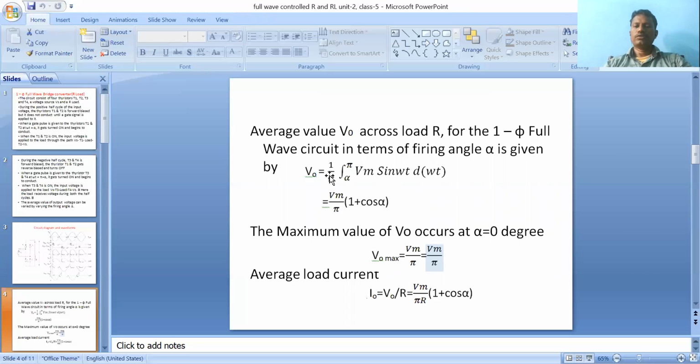The time period of one cycle is 2 pi, and the number of output pulses in one cycle is 2. The 2s cancel, and we get 1 by pi. Clear? Vm by pi into 1 plus cos alpha, and V0 maximum, I0, everything can be calculated.